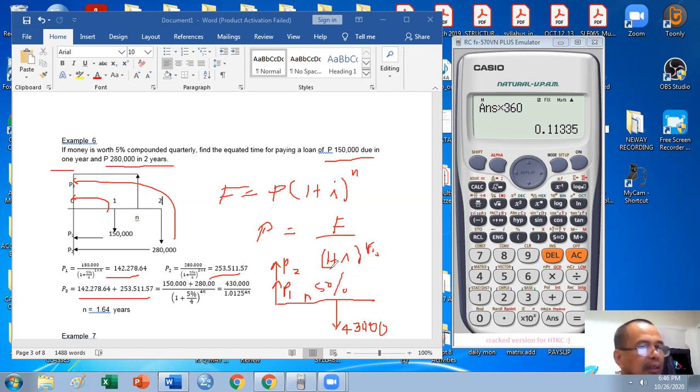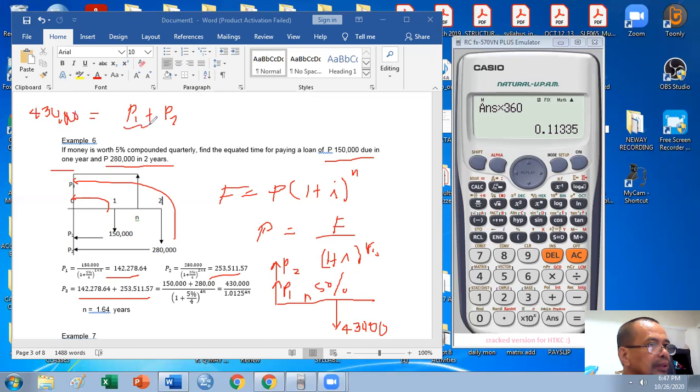Kaya ang nangyari, add mo yon, P1 plus P2 equals, actually, yung future mo will be 430,000.